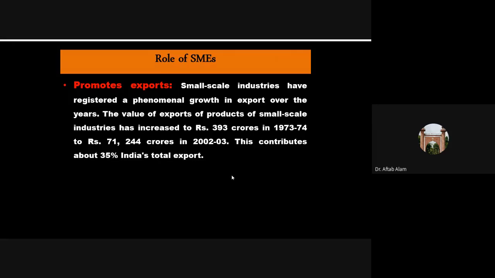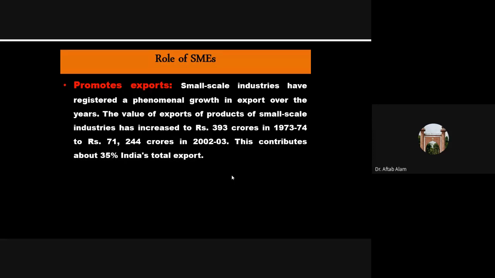Small scale industries have registered a significant growth in export over the years. आप अगर देखो data, the value of exports of products from the small scale industries increased from 393 crore in 1973-74 to 71,244 crores in 2002-3. तो ये जो है 2002-3 में कितने many times it has increased. So in total it contributes 35% of India's total export.